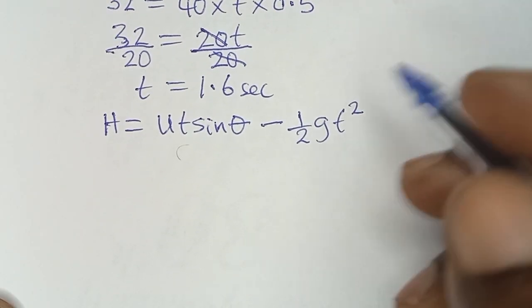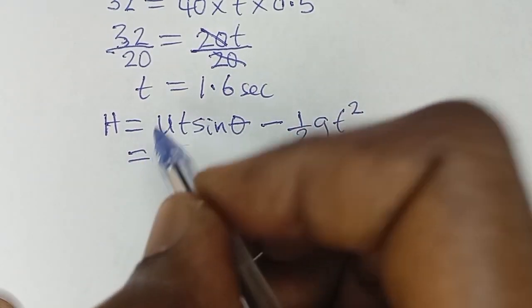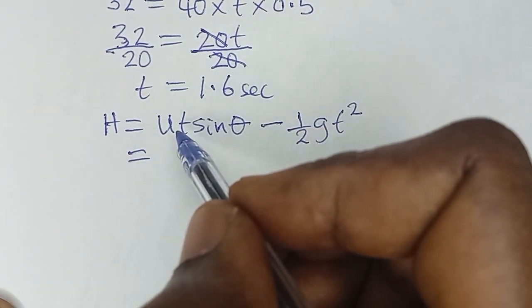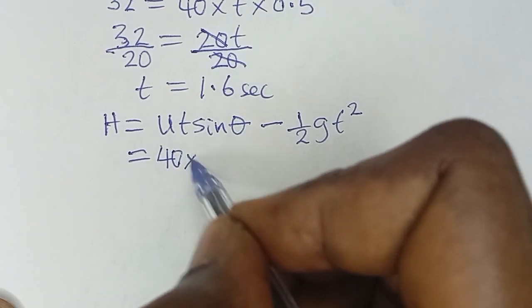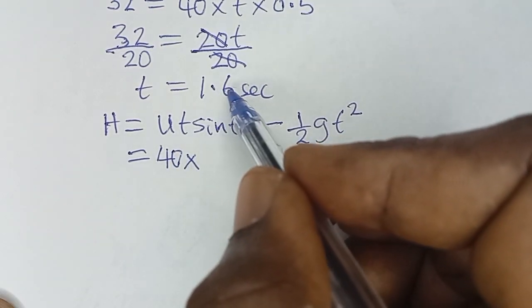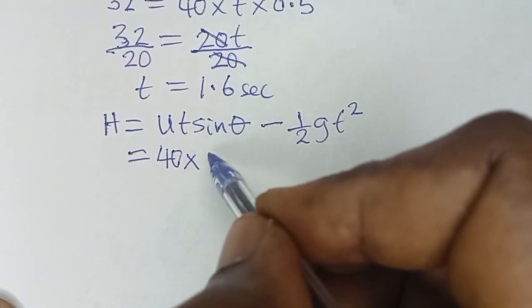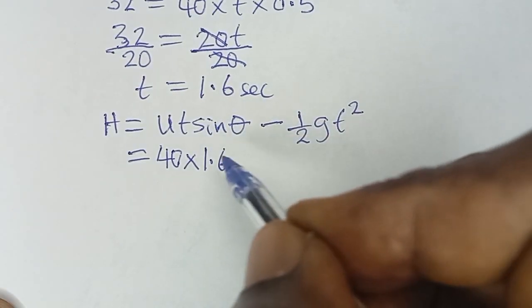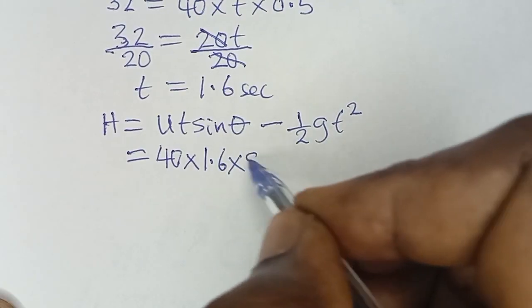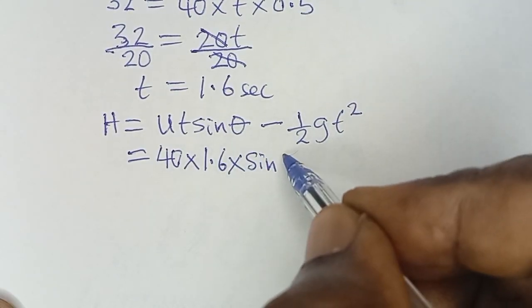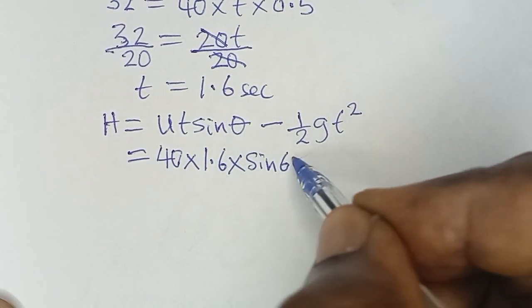So now I can go on and substitute values. The value of u, the initial velocity, is 40, multiplied by the time, which is 1.6, the time we just calculated. And then multiply by sine 60 degrees, that's the angle.